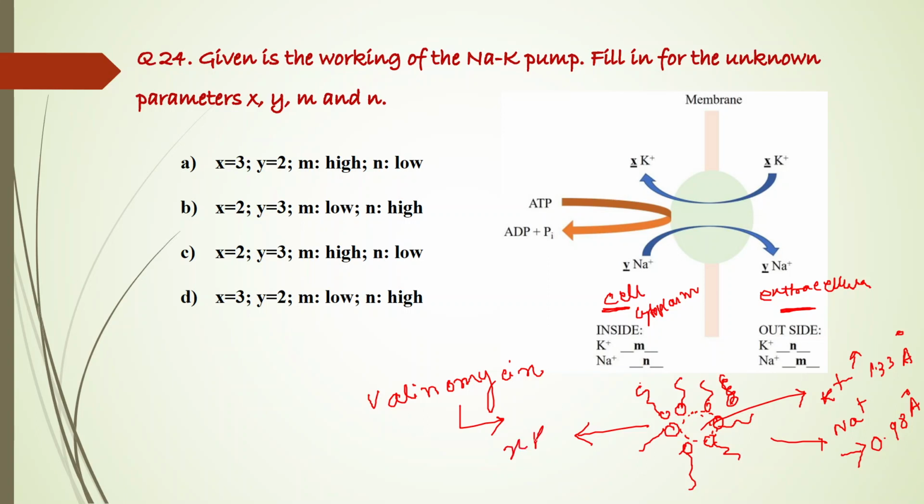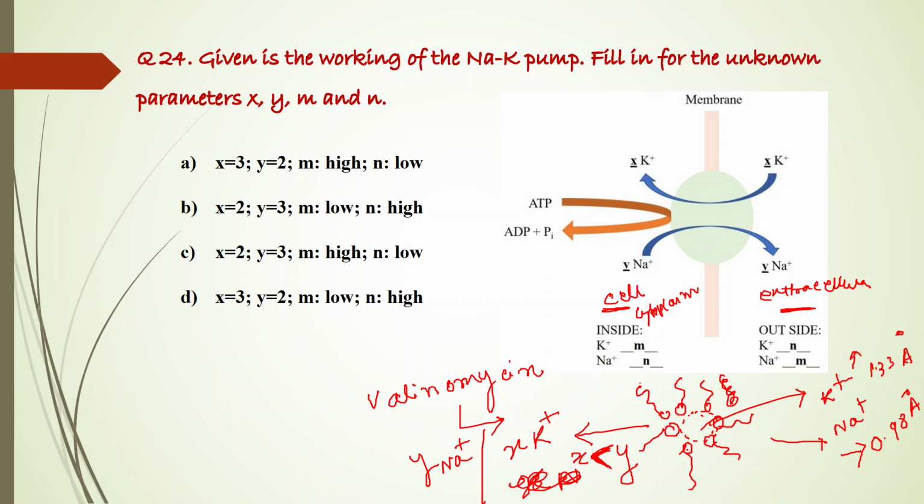Suppose it can fit X number of K plus or Y number of Na plus, because K plus is larger in size, obviously X will be much less compared to Na plus, because Na plus is smaller in size, so it will be able to accommodate more Na plus ions inside.